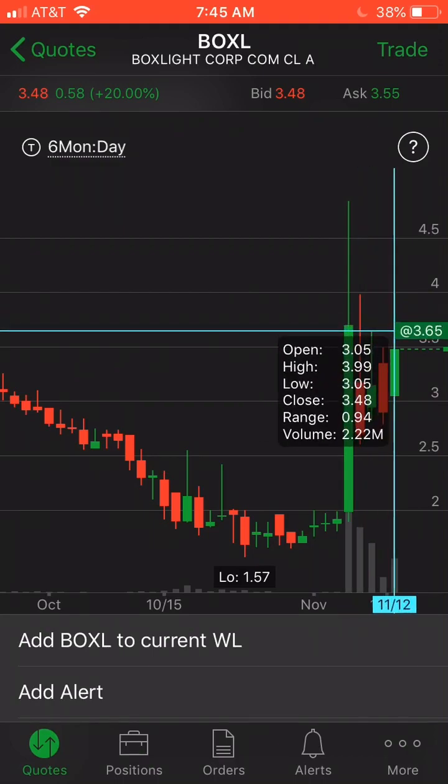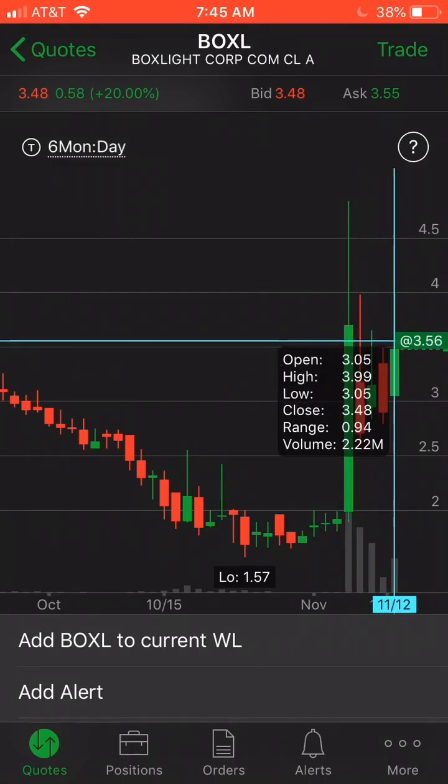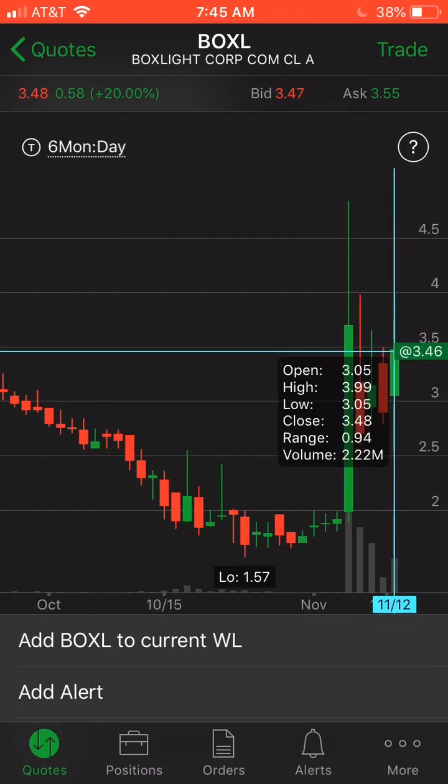It double topped on these 2 days here, plus on the daily chart we saw the double top. So right now I'm not going to trade Boxel.